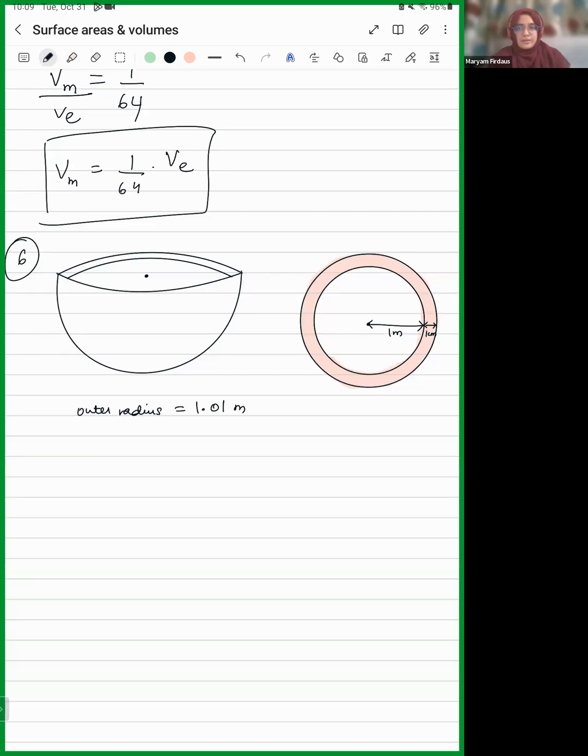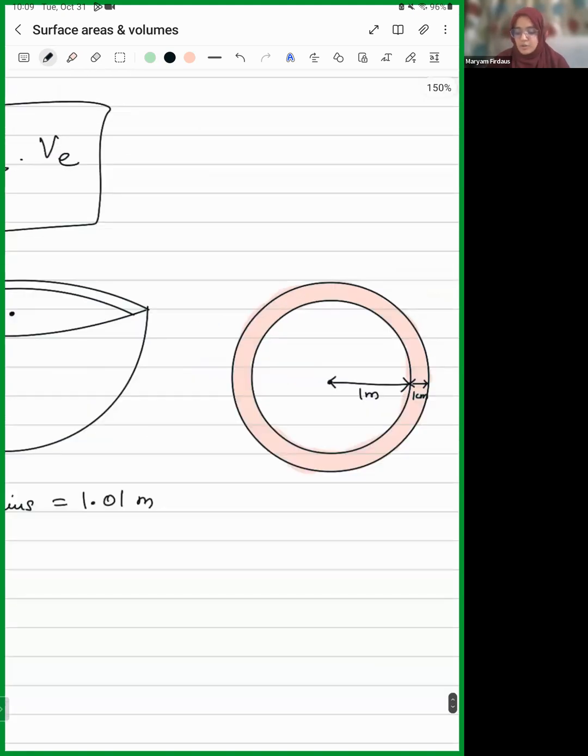Yes, Abdul Jabbar. Ma'am, I don't have the question with me right now. Okay, I will repeat the question. It's a hemispherical tank. It is made up of iron sheet, and the thickness of this iron sheet is 1 centimeter. Now they're saying the inner radius is 1 meter, which we have already mentioned over here.